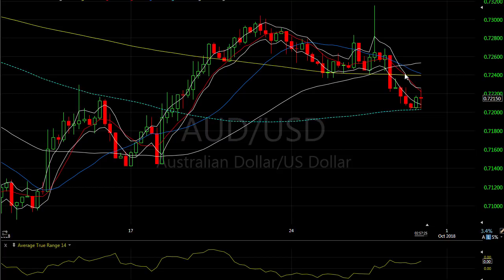So despite the fact that the Aussie dollar's had a couple of down days, on the 4-hour chart it still suggests that there should be a bit more of a bounce, with prices come down to a support area down here. We should have a bit more of a bounce based on the fact that we've still got that upwards facing MA up there, key moving average up there. So that's part of the reason behind this.